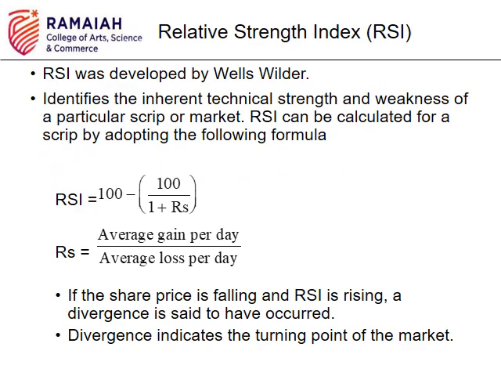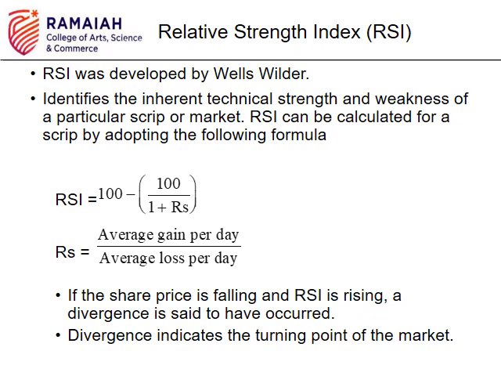Next is one of the important concepts, which is relative strength index. Relative strength index was developed by a person called Wells Wilder, right? He wrote a book in the year 1978.